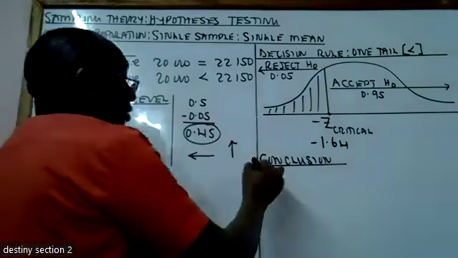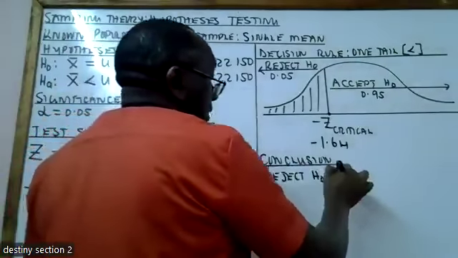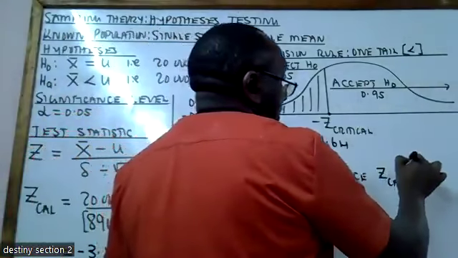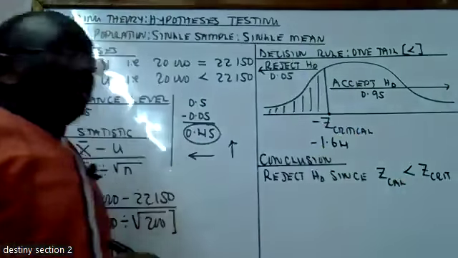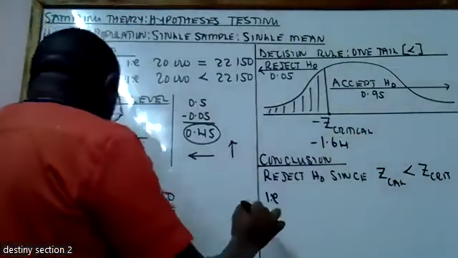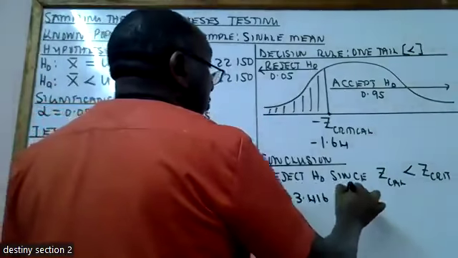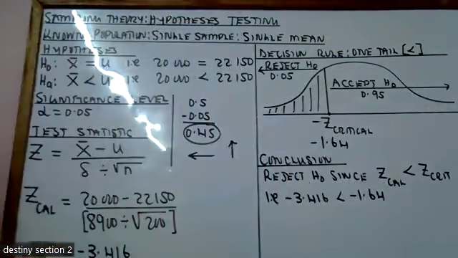So we are going to say reject null since Z calculated is less than Z critical. That is, negative 3.416 is below negative 1.64. Negative 3.416 is less than negative 1.64.